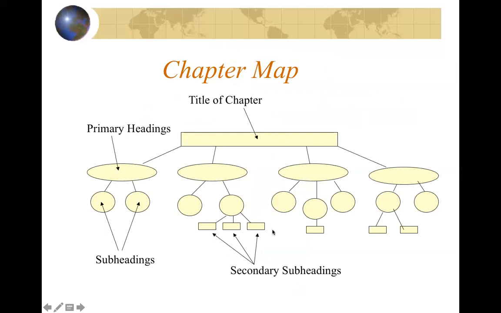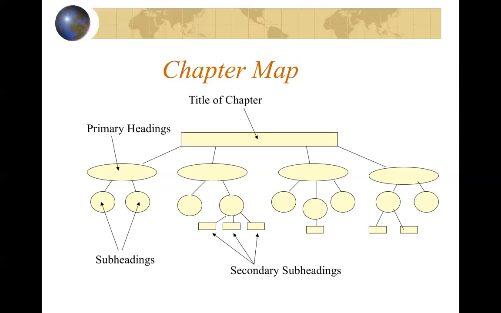You've got the structure of your little chapter map. And now this is the value of this. Sometimes if it's a big chapter, you might have to tape two pages together. Well, that's not a problem. But what you then have is a big picture of the entire chapter, how it all fits together.